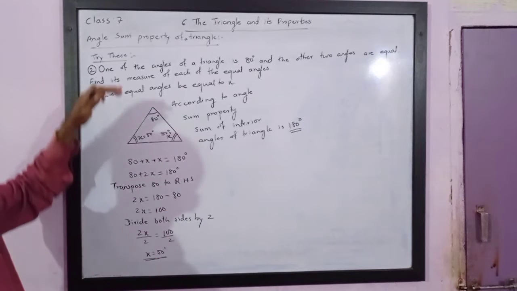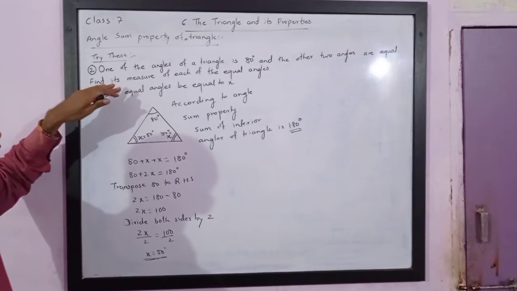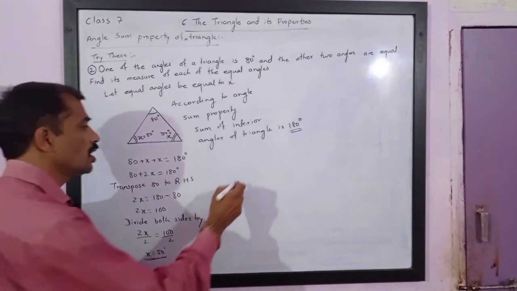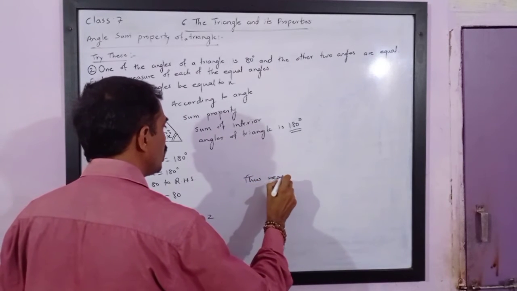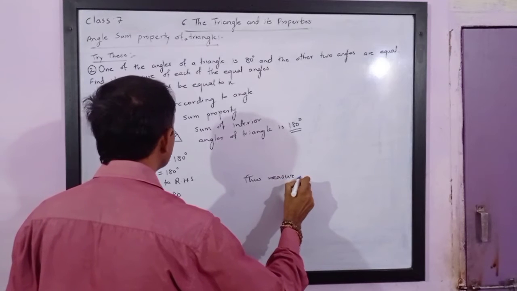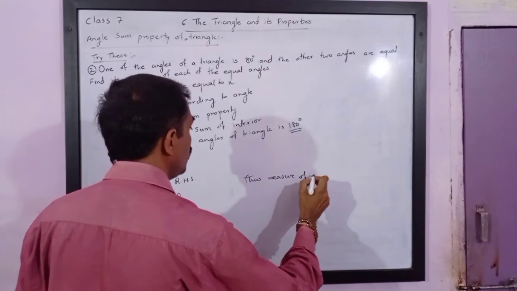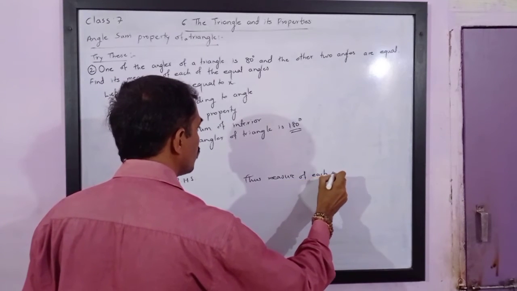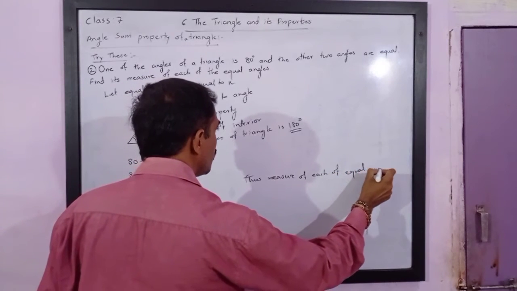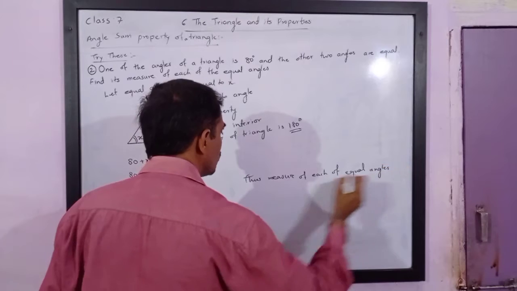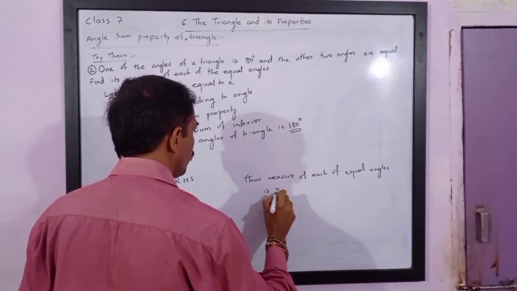So, we need to write the answer as asked. Thus, the measure of each of the equal angles is 50 degrees.